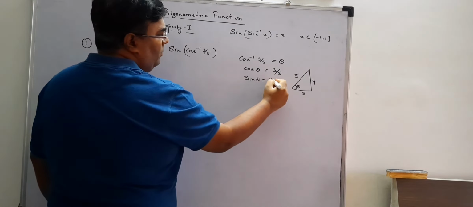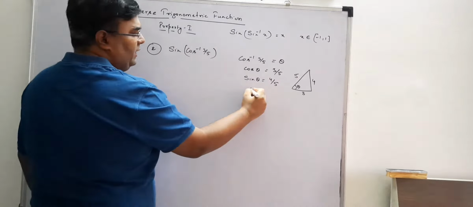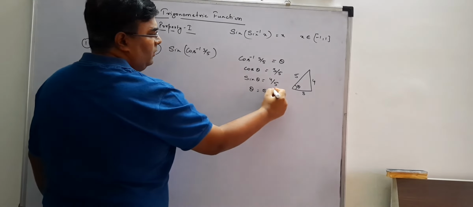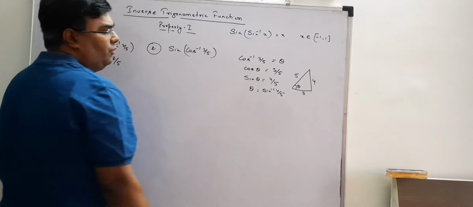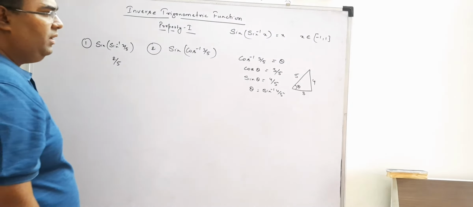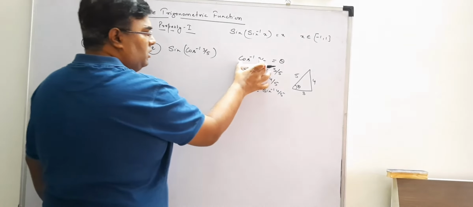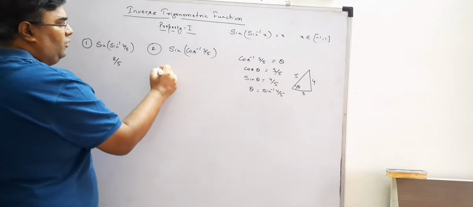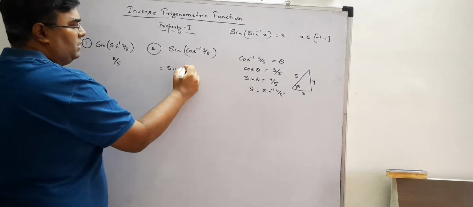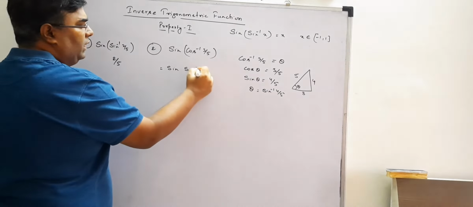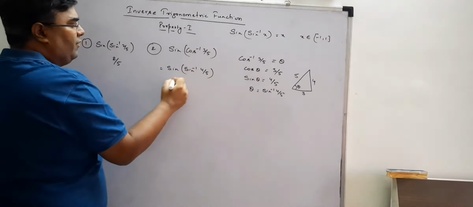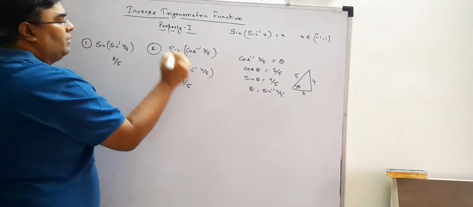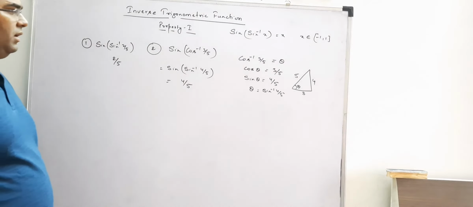Sin theta will be 4 by 5, and hence theta will be sin inverse 4 by 5. So in this way we have converted cos inverse 3 by 5 into sin inverse 4 by 5. Now we can use it: sine of sin inverse 4 by 5, which is simply 4 by 5. Correct?